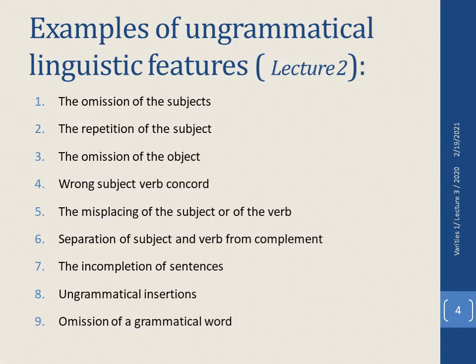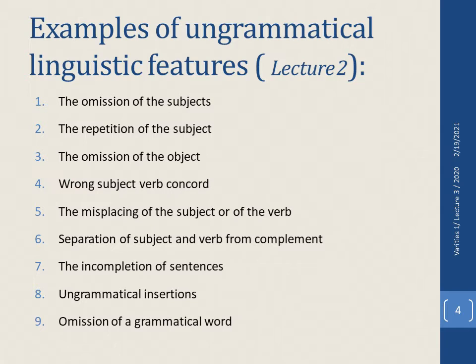We also have the misplacing of the subject or of the verb, separation of subject and verb from complement, and the incompletion of sentences. Some sentences are just cut off, sadly. We have ungrammatical insertions, and omission of a grammatical word, like we saw in relative clauses, or words like which and that.